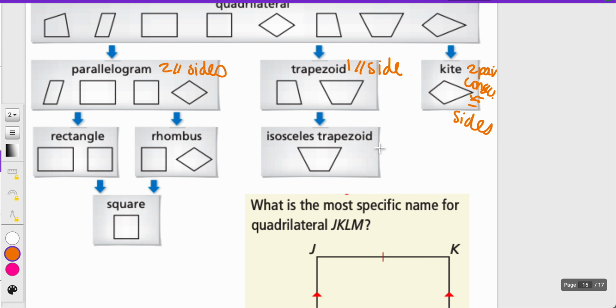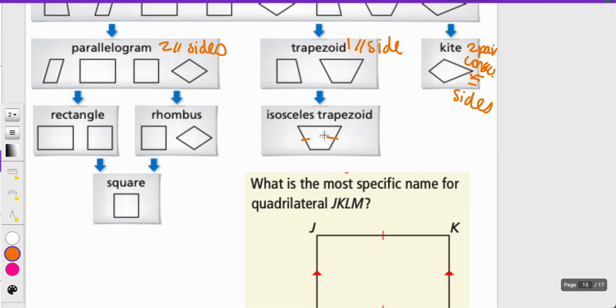An isosceles trapezoid has legs that are the same length. A rectangle has 90 degrees and parallel sides. A rhombus has parallel sides with congruent sides, not necessarily 90 degrees. And a square has both of those things, 90 degrees and congruent sides.